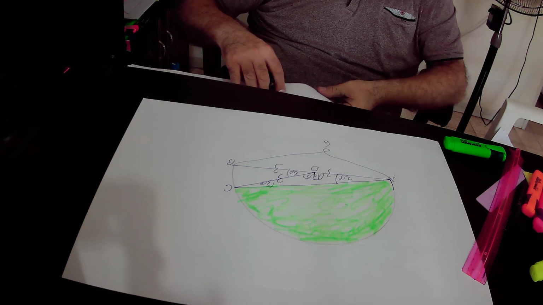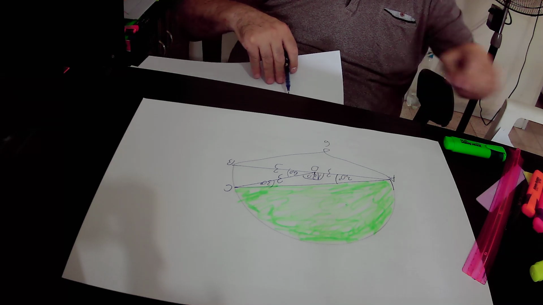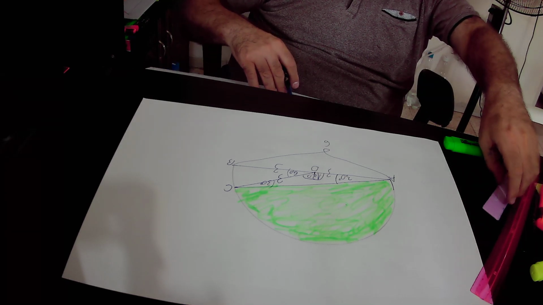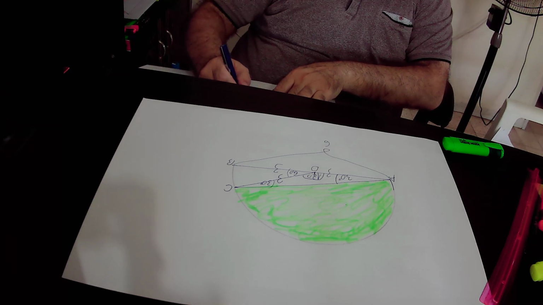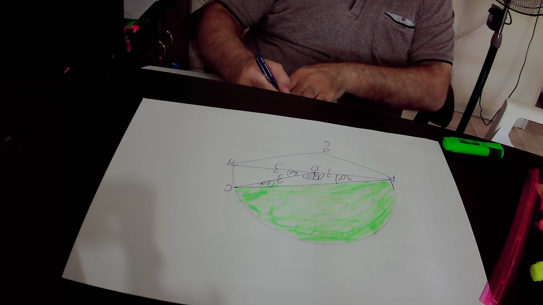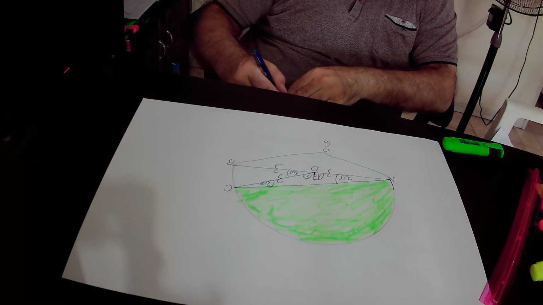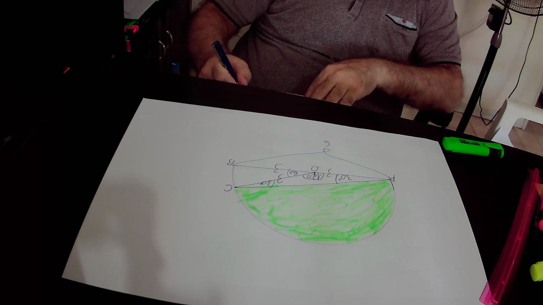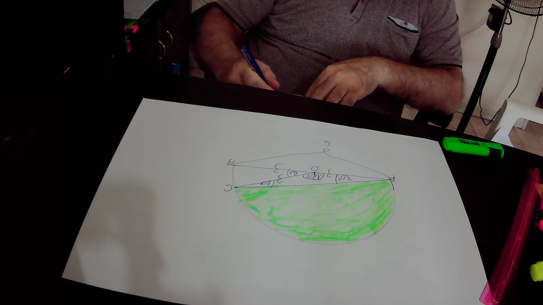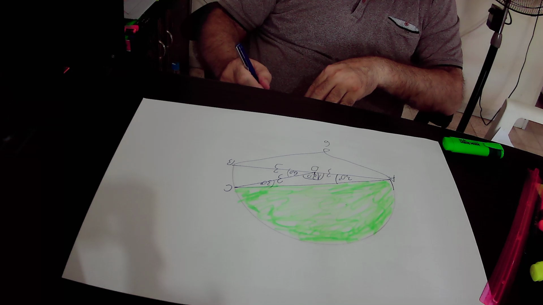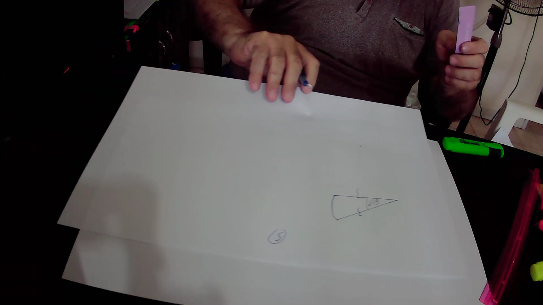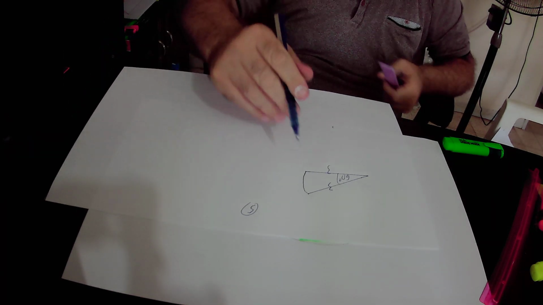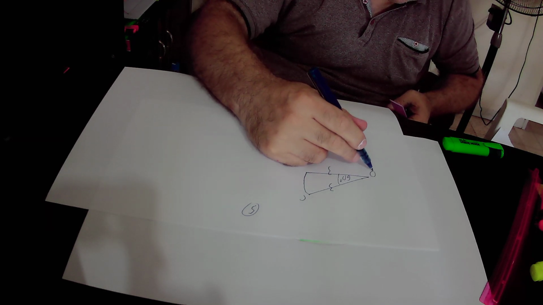So I'll copy sector COB in a new page, and we'll find the area of this sector COB. So this is actually sector COB that I copied from the original drawing.